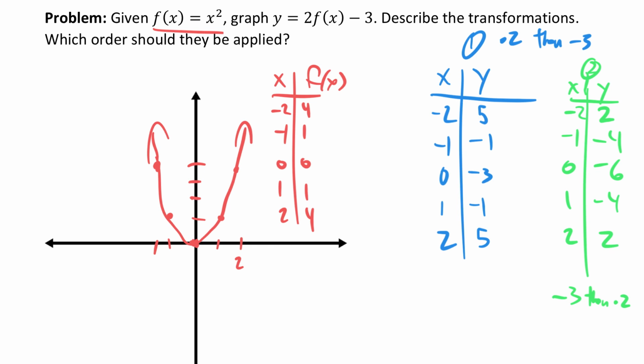So if you notice, these two options are giving us very different y values. And that means that the order that we're going to apply them in does matter. So it's not like we could do it one way or the other. One option's correct and one option's incorrect because they're not the same final value. But you could make an argument for either case.